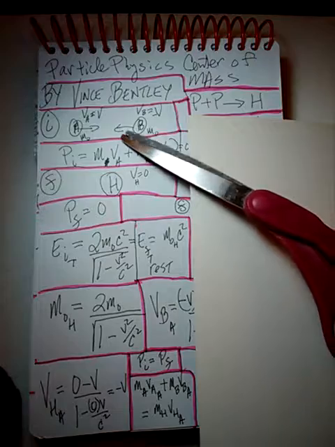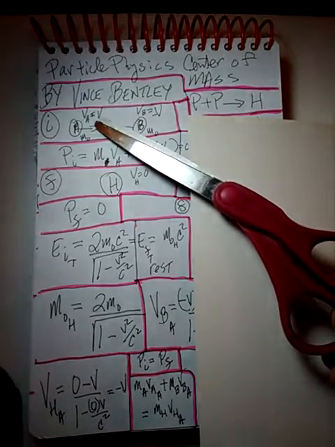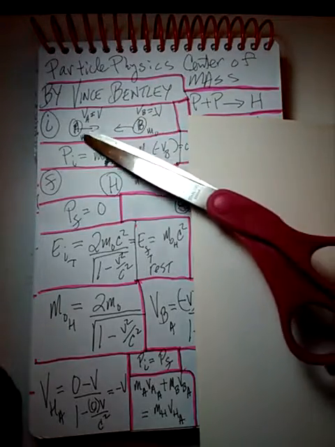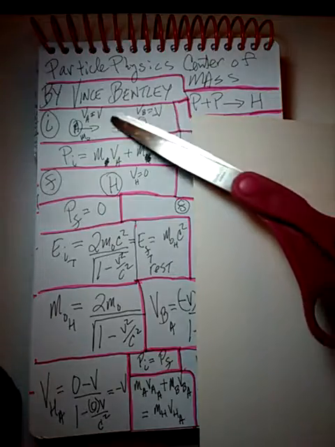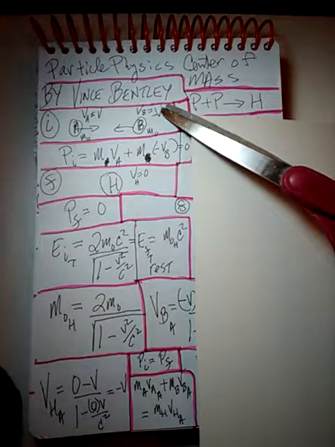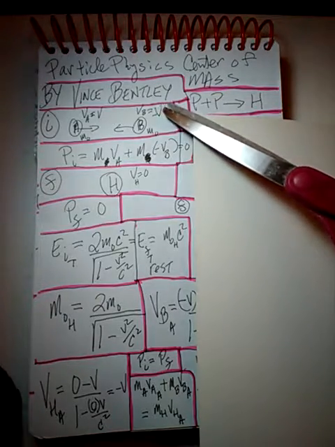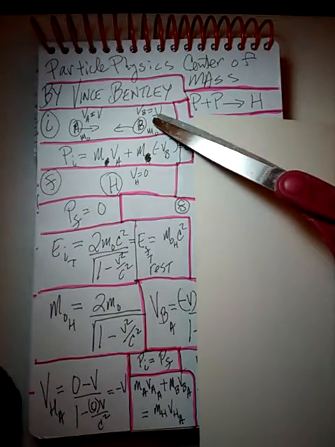What we're going to do initially is have the one particle go at a velocity v, and the other particle is the same mass. We'll have them have the same mass and the same velocity. So this will go with a velocity v to the right, and this one will go with a velocity v to the left. This is the initial picture here.